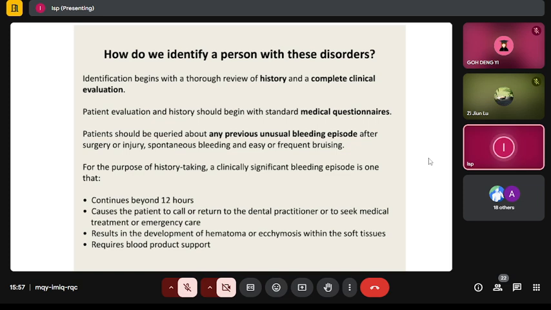And when they are in their childhood and teenage years, do they have easy bruising? Do they have swelling here and there after an easy fall? Those will give you an idea whether there have been inheritable bleeding episodes. Then of course, family history is important here. Why?